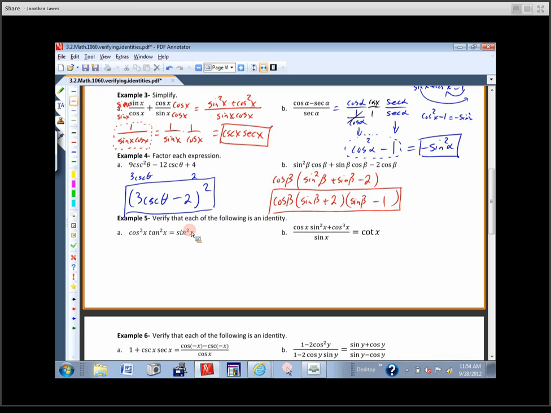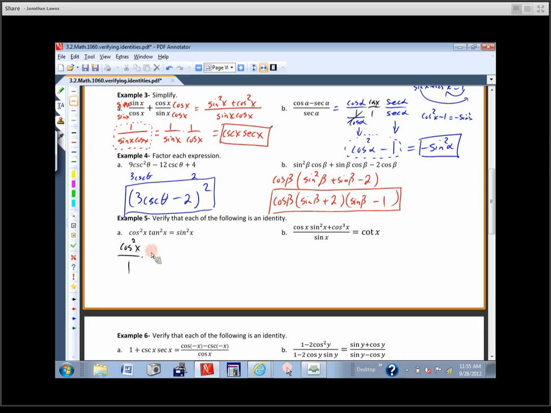Now, I'm hoping that this isn't too terribly difficult, because on this one, we use the two main rules. The first one is work on the complicated side, and the second one is usually rewriting things in terms of sines and cosines is really helpful, because they're the most familiar ones. So if I write this in terms of sines and cosines, this is going to be cosine squared x over 1.